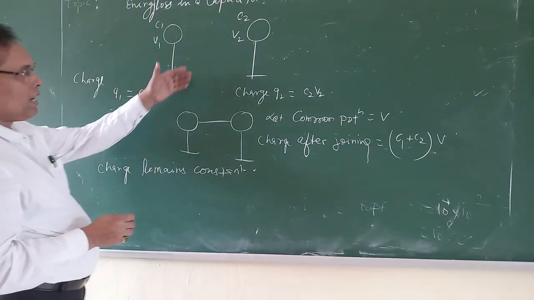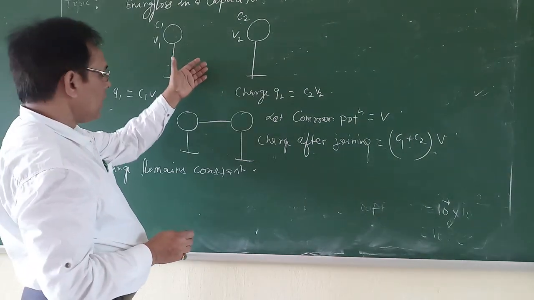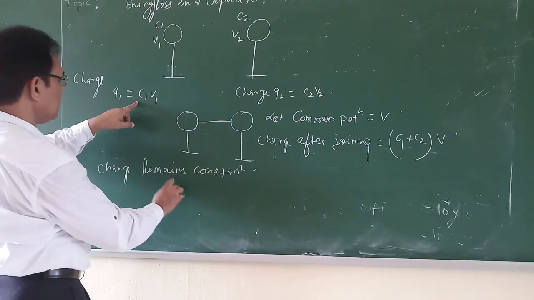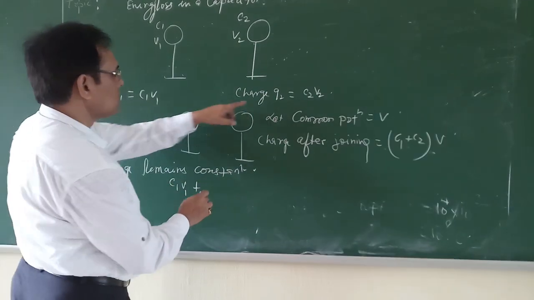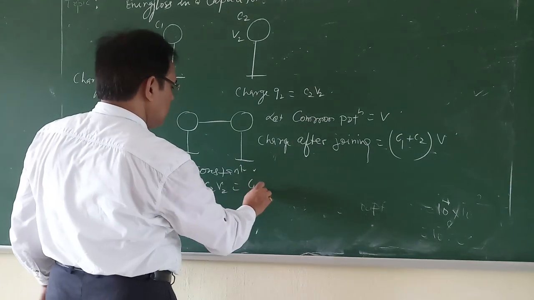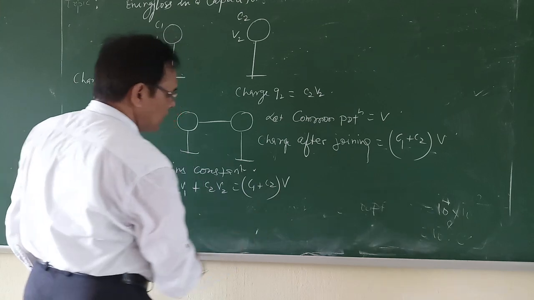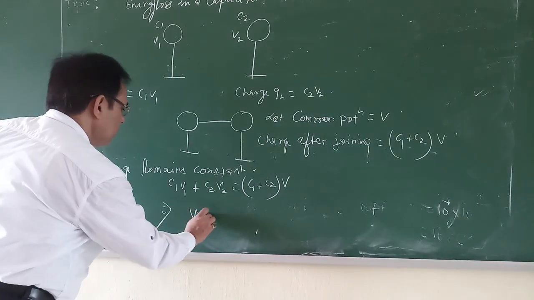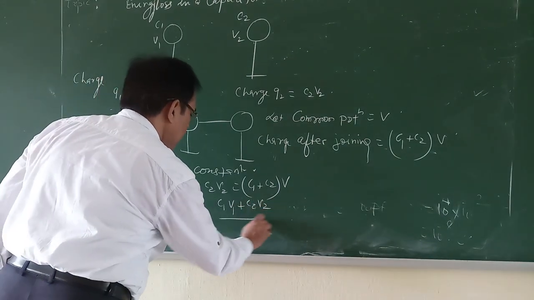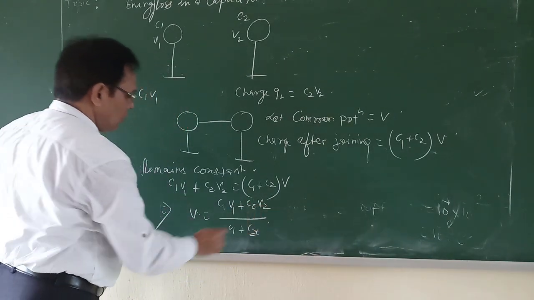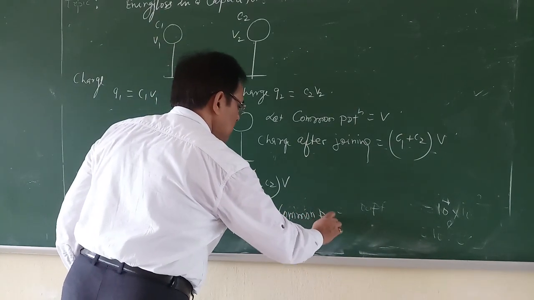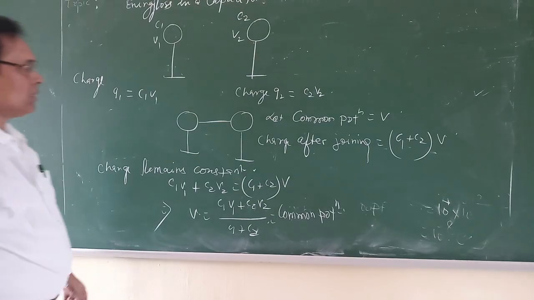It means total charge before connecting the wire and total charge after connecting remains constant. So total charge is C1 V1 plus C2 V2, and after connection C1 plus C2 into V. So from here you find V equal to C1 V1 plus C2 V2 by C1 plus C2. So this is the common potential.